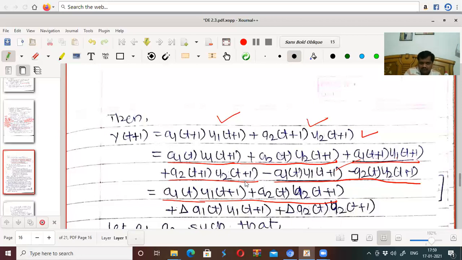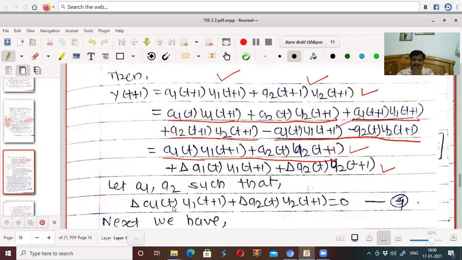a2(t+1) u2(t+1) minus a2(t) u2(t+1): take u2(t+1) common and we get a2(t+1) minus a2(t), that is Δa2(t). So we get such type of equation: a1(t) u1(t+1) + a2(t) u2(t+1) + Δa1(t) u1(t+1) + Δa2(t) u2(t+1).